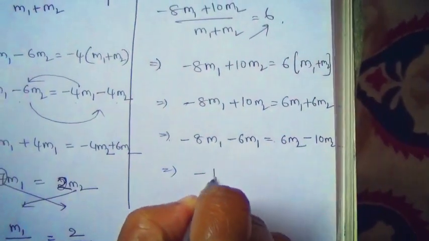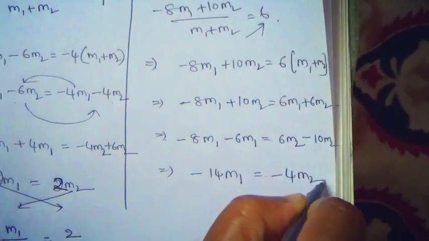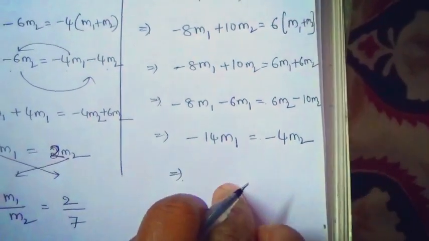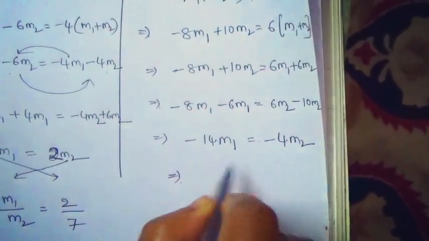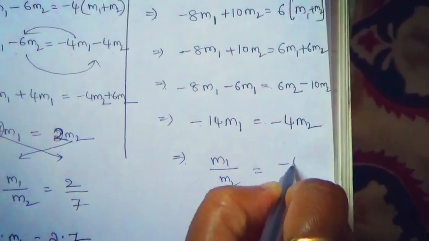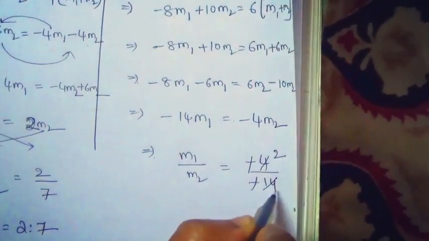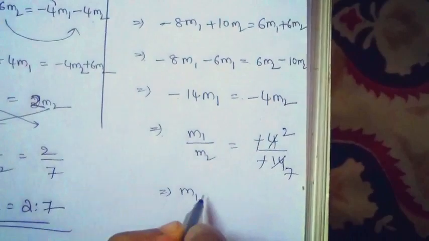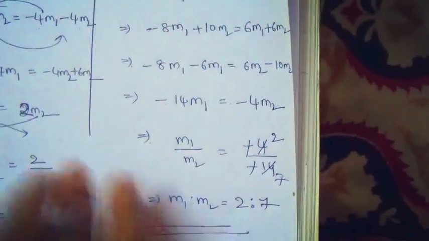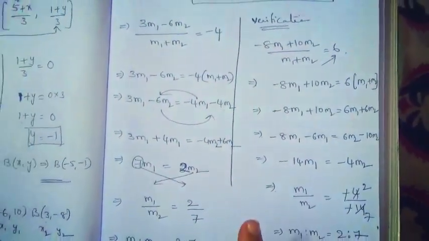That implies minus 14m1 is equal to minus 4m2. So m1 you keep here, m2 you bring in this direction, minus 14 to the other side. So m1 by m2 is equal to minus 4 by minus 14. Minus minus cancelled. In the 2 table it is 2 times, it is 7 times. That implies m1 is to m2 is equal to 2 is to 7. Here we have verified. No need of doing both, only one you can do in your exam.